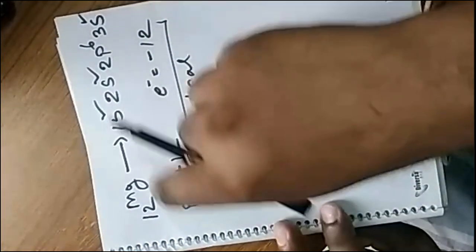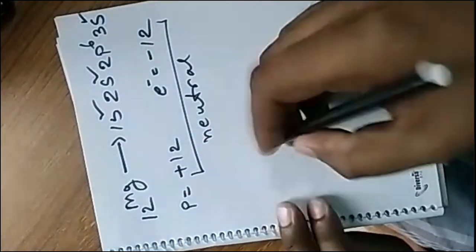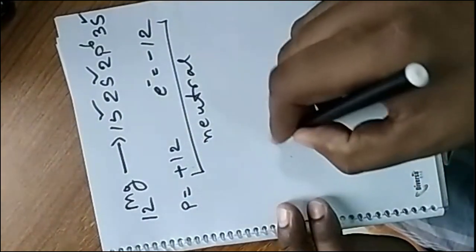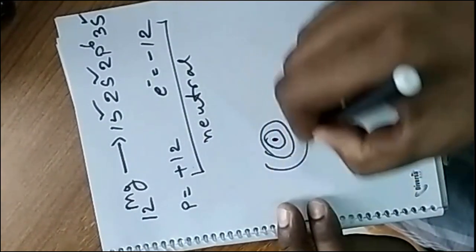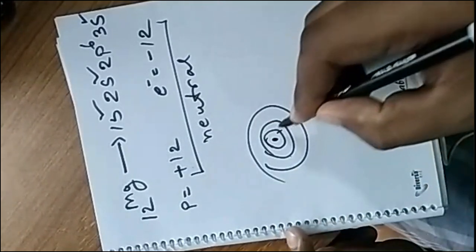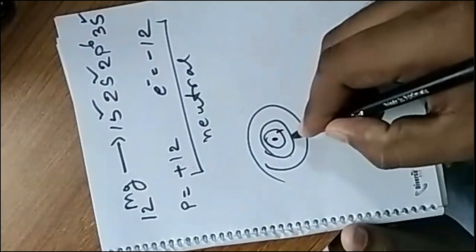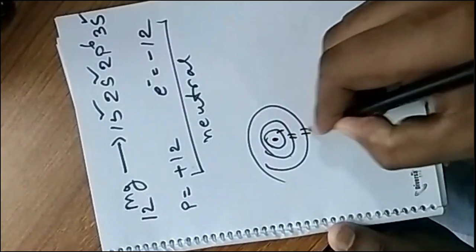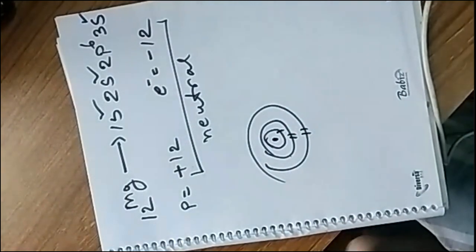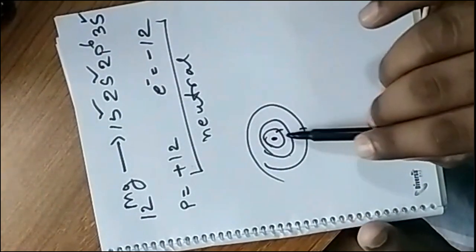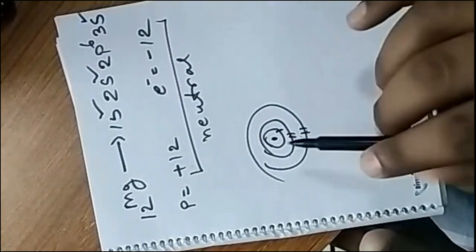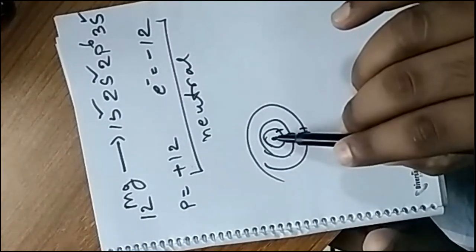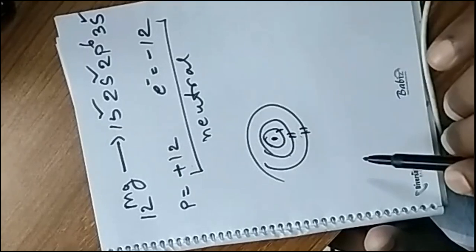And you know the proton stays just inside the nucleus and the electron stays outside of the nucleus in different orbits. Suppose this is the first orbit, this is the second orbit, this is the third orbit for magnesium.